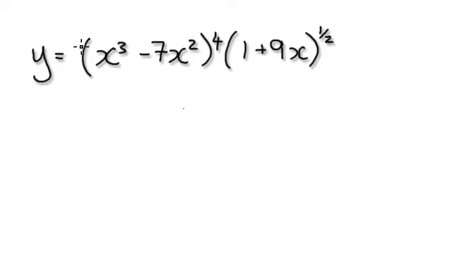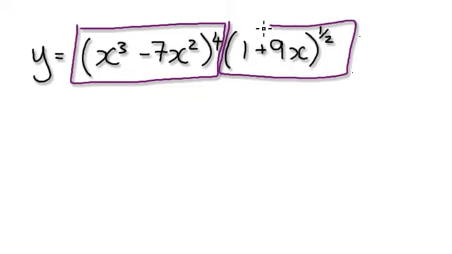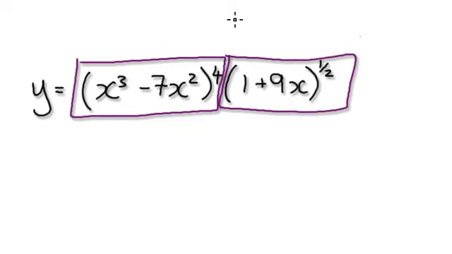Okay, so to do this, visualize it as one block multiplying with another block. And so remember, when you've got a product rule, you've got to differentiate the first one, leaving the second one the same. And then you've got to add it, and then leave the first block the same, and then differentiate the second block, which is this one here.